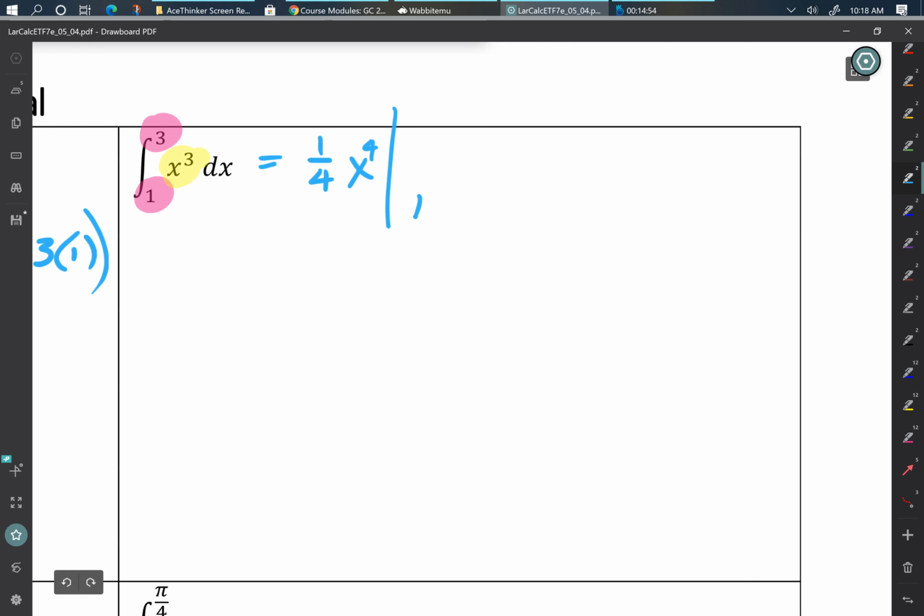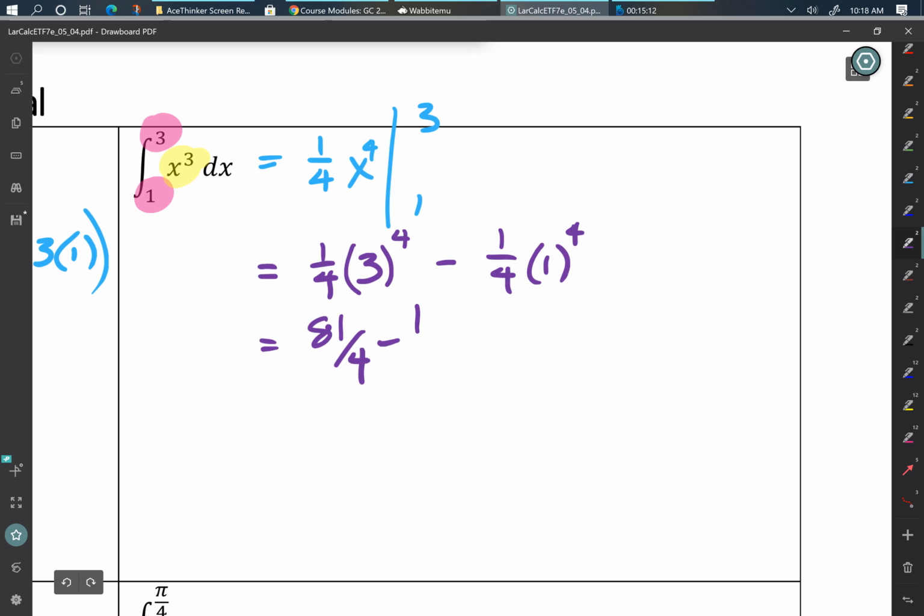And then I need to evaluate that from 1 to 3. So that's going to be 1/4 times 3 to the 4th minus 1/4 times 1 to the 4th. Okay? 3 to the 4th is 81, so I have 81/4 minus 1/4, which is 80/4, or 20.